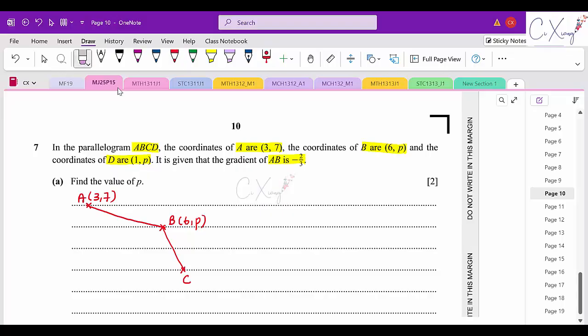So maybe I have to change my diagram a little bit. This is my B, which is (6, p).